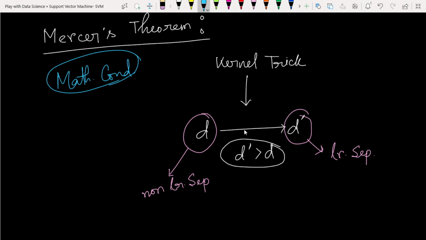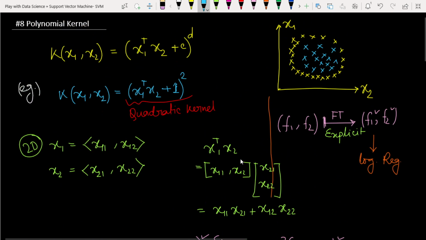The main point of Mercer's theorem is that typically the dimension is increased. For some exceptional cases this theorem will not work, but most of the time our dimension is increased. I think this polynomial kernel is all clear.